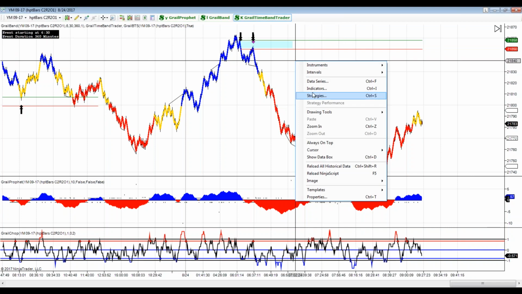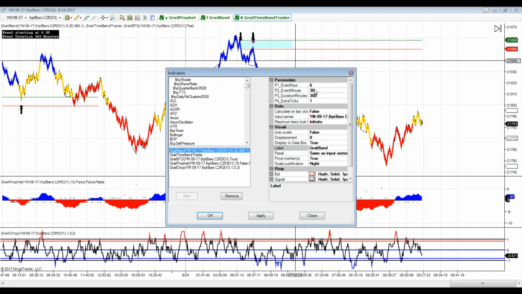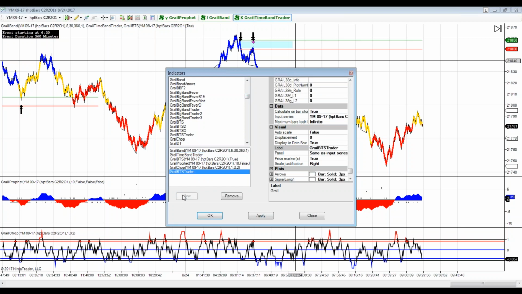All right, so I'm going to go to my indicators. I'm going to add the Grail BTS trader. That's here. I'm going to hit new, and then I'm going to hit OK.